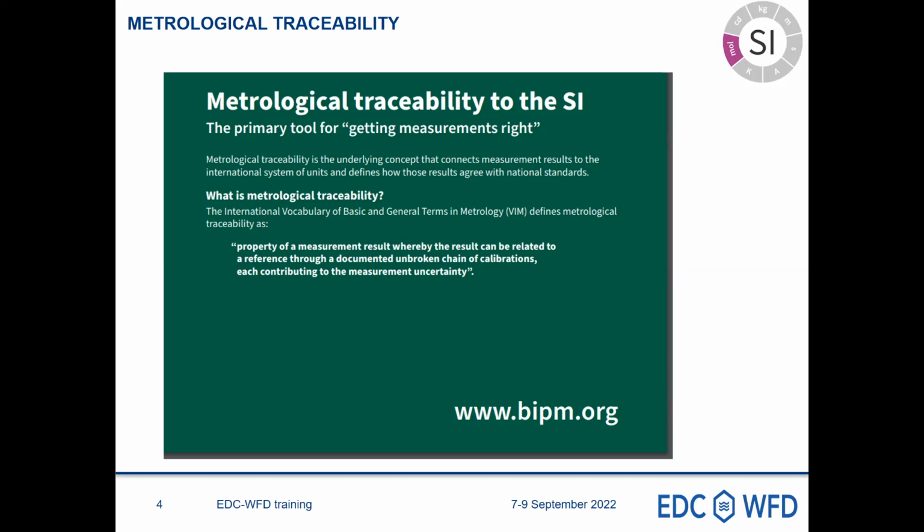So it is a definition of the picture that I showed you just before.